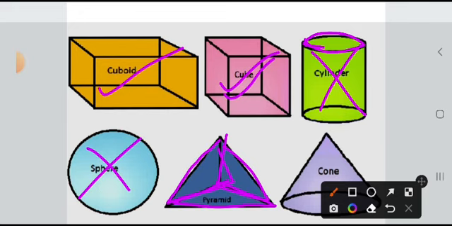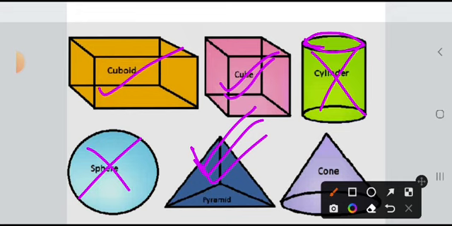From different faces you can see there will be 4 triangular faces. So it is also made up of polygonal faces, or polygonal regions. But in case of a cone, the base is a circle, and the other part is also not a polygon, so we will exclude this also.